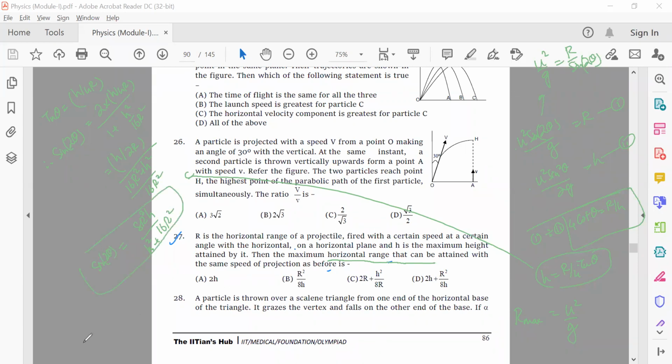Then your R max, which is U square by G, will from here become R upon sine 2 theta. Take this to the numerator.